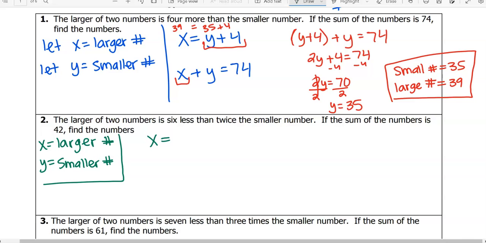What keywords kind of stick out to you? Twice sticks out, and 6 less sticks out. Good. So if I'm twice something, that is multiply. So twice the smaller. If I'm 6 less than something, we're going to subtract 6. Good.